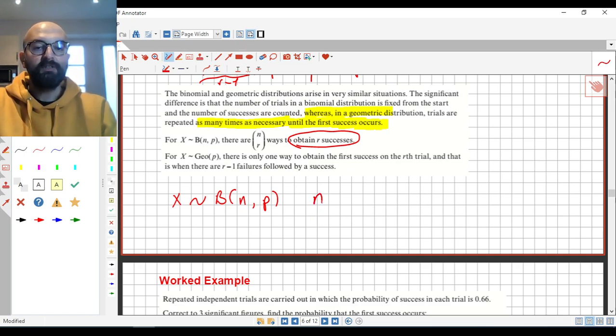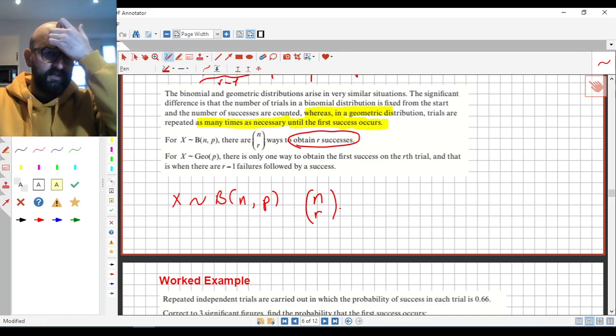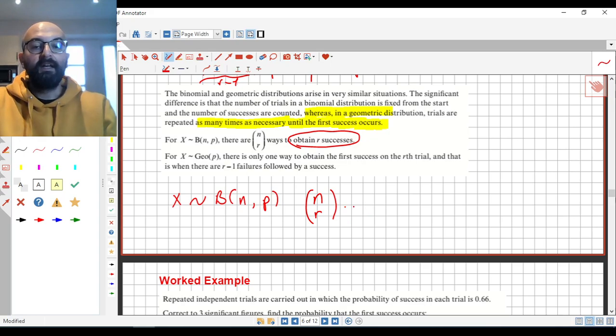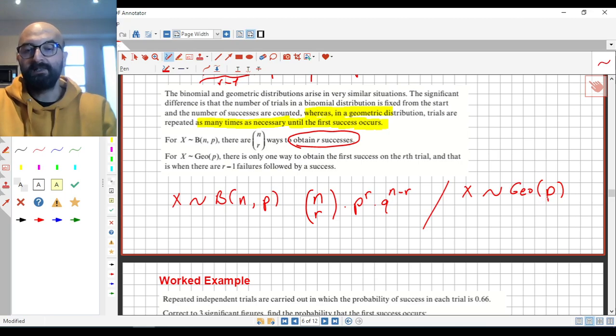In n trials, we can get r successes. It is a combination, as you remember, multiplied by the probability of success to the power r and the probability of failure to the power n minus r. And if you look at the geometric distribution, the variable x, like this, p is the probability of success.